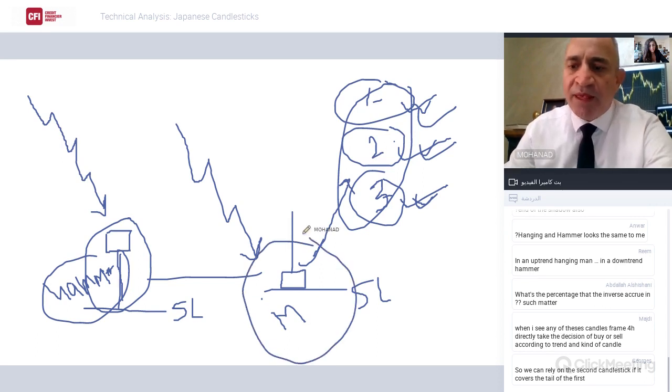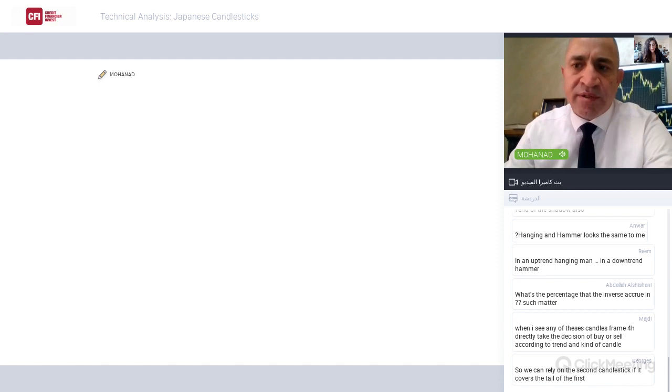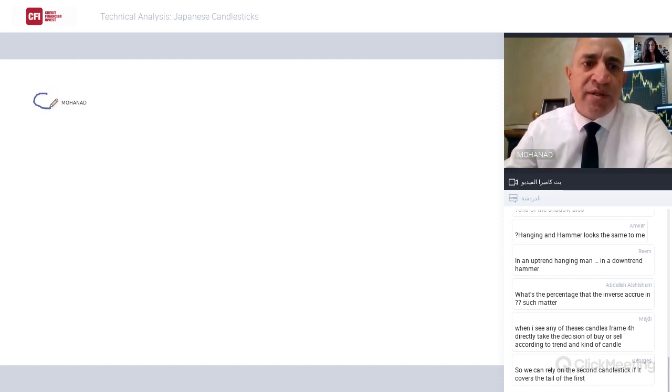The shooting star and the hanging man are bearish, while the hammer and the inverted hammer are bullish indicators. Yes, that's right. Perfect. So this was the best of the single patterns. Yes, we always see these patterns in the chart. Okay, let's start with the double.